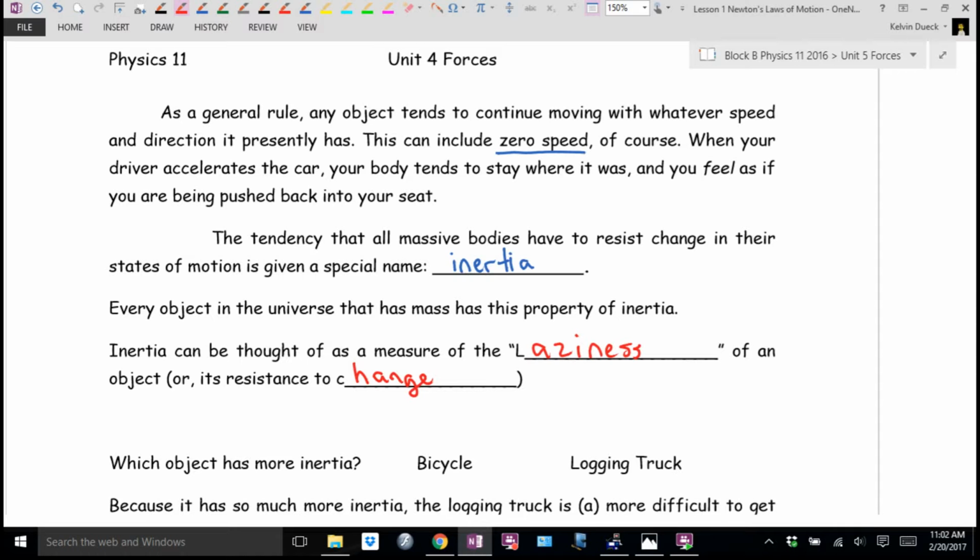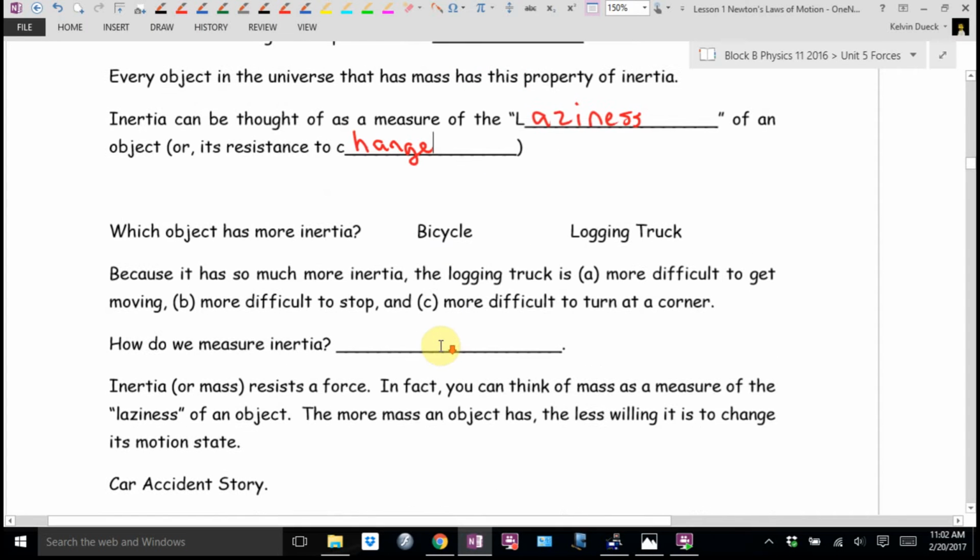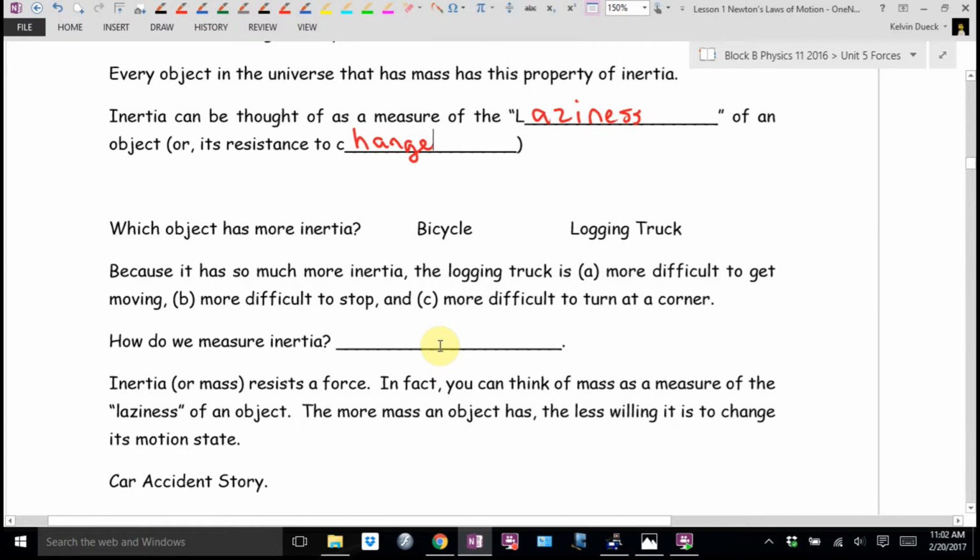Okay? Who has more inertia, Geo or Tato? Geo. Why? Talk about that. Well, what has more inertia, a bicycle or a logging truck? Because it has so much more inertia, that means the logging truck is more difficult to get moving.